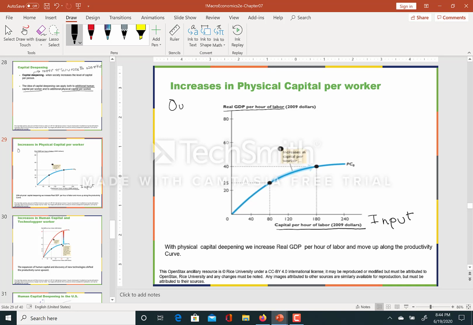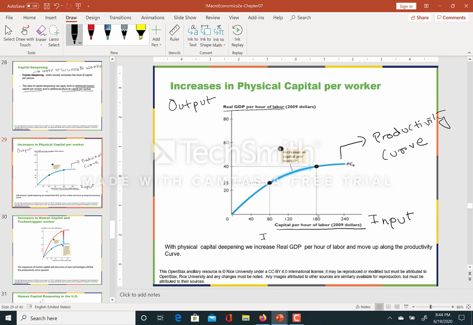This one is output. And this PC0, this is the productivity curve.